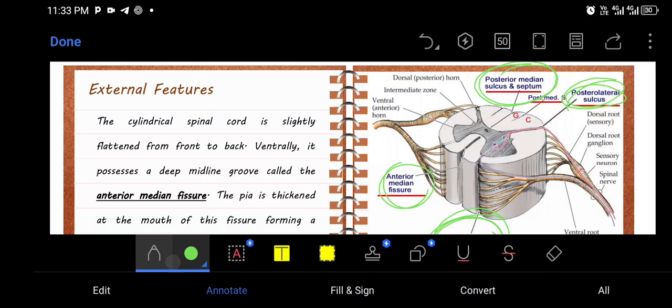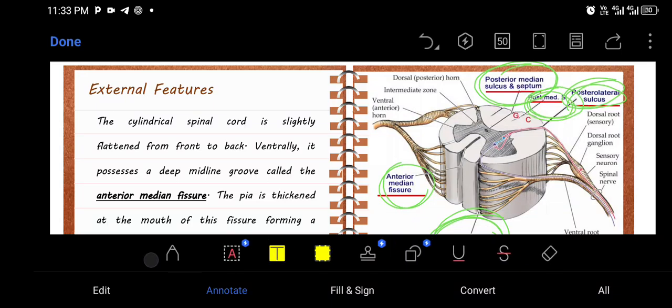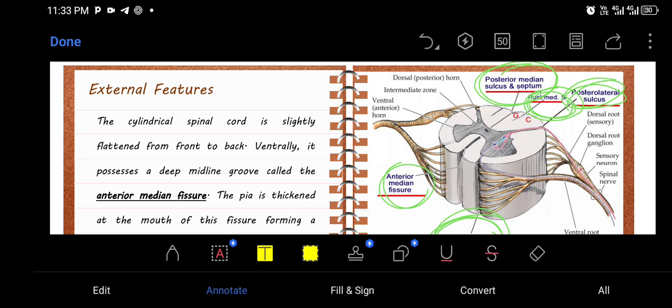This one in the middle is found in between the posteromedial sulcus and the posterolateral sulcus.